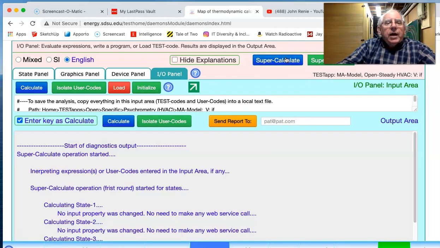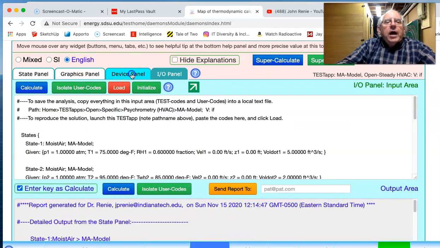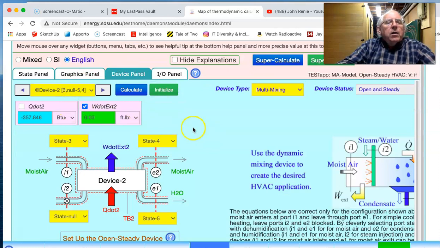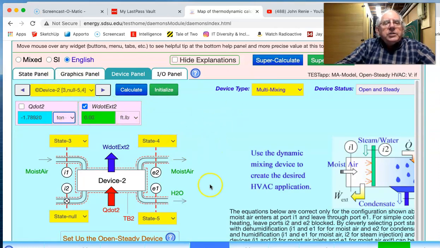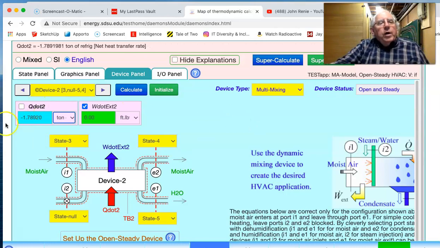When we do a super calculate, we should now be able to go back to the device panel, and we can now determine that during this particular process, going from 3 to 4 with water coming out, we then see that it required minus, or heat coming out of the system, of 1.789 tons of refrigeration.